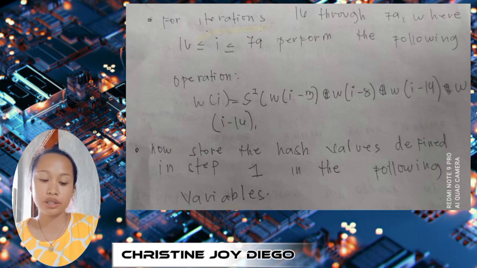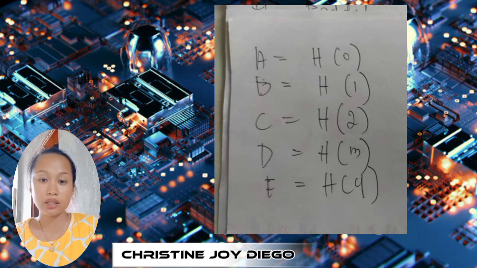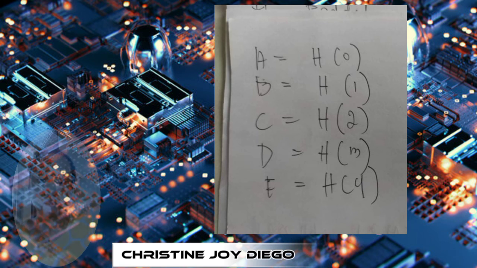Now, store the hash values defined in step 1 in the following variables. A is equal to H[0], B is equal to H[1], C is equal to H[2], D is equal to H[3], and lastly, E is equal to H[4].